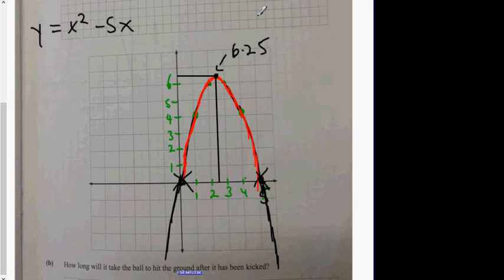Now, if I was to ask you about roots, what do roots mean? Roots means where does it cross the x-axis? What values of x does it cross the x-axis? Anybody tell me? X equals 0 and x equals 5. Now you would have done this before. Bring the 5 over to your side, what happens?